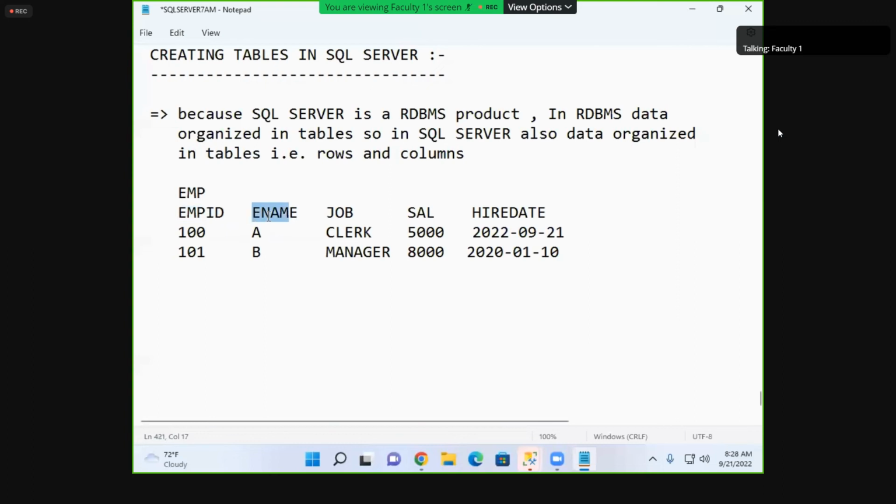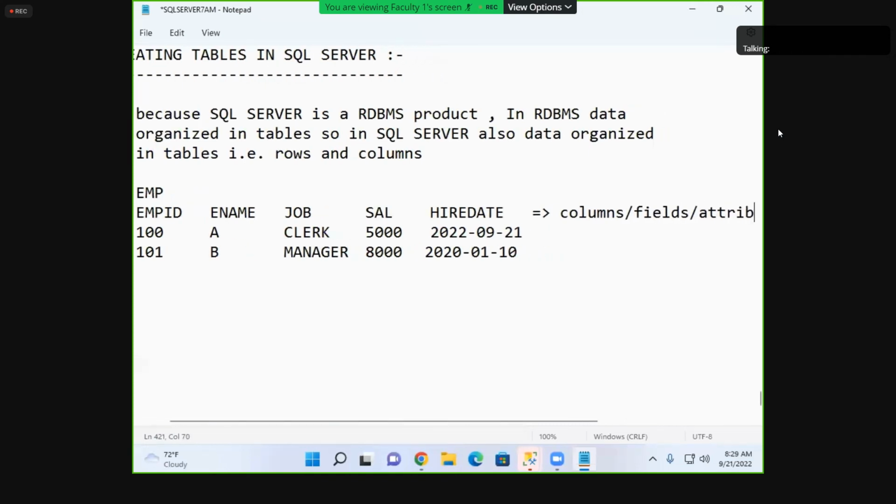ID, name, job, salary, hire date. They are called columns. Okay? We can also call them fields or attributes.